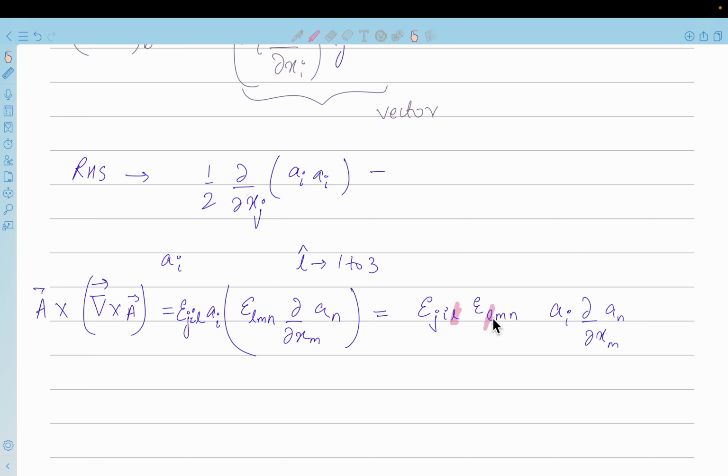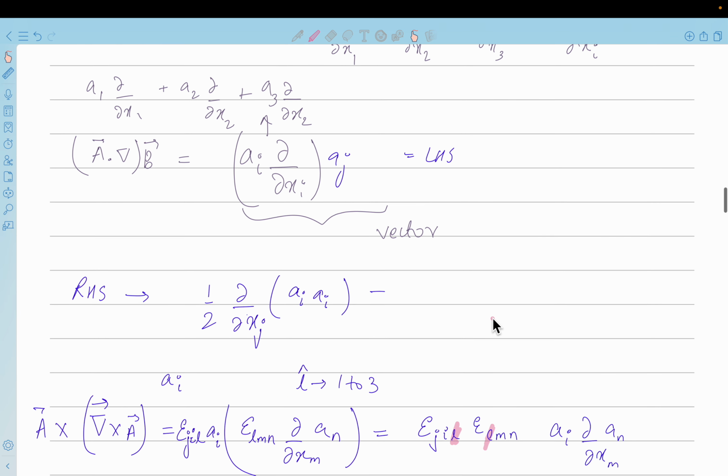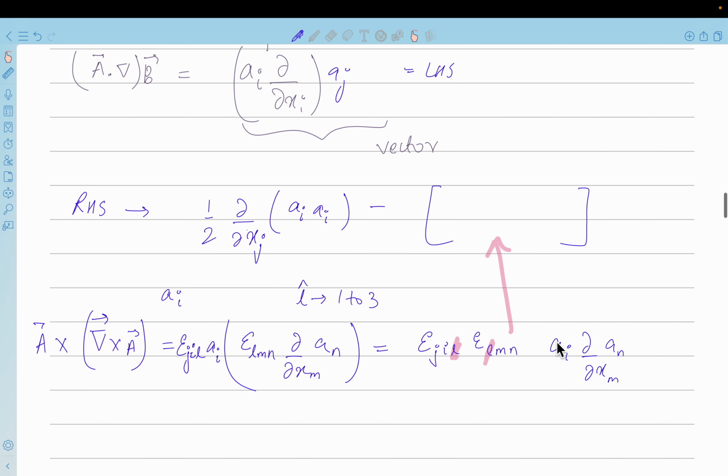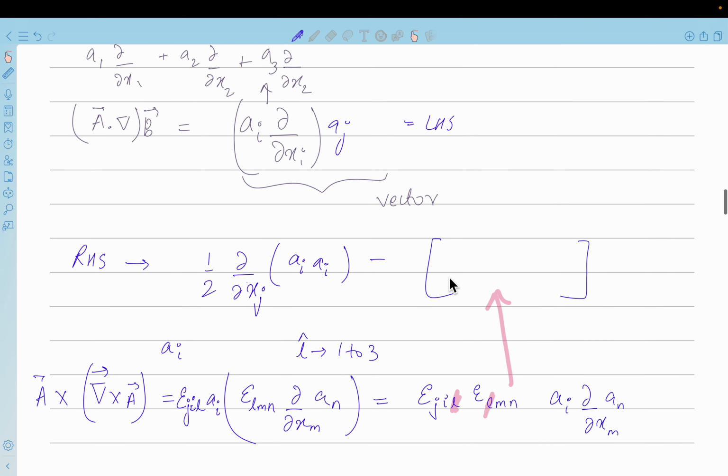I don't exactly remember all the properties here, but if you apply those properties and put this back into the RHS, then you can show that the left hand side and the right hand side are in fact equal. Without even evaluating, you can see that there are some terms like A dou by dou x A, and that's exactly what you want on the left hand side, A dou by dou x A.